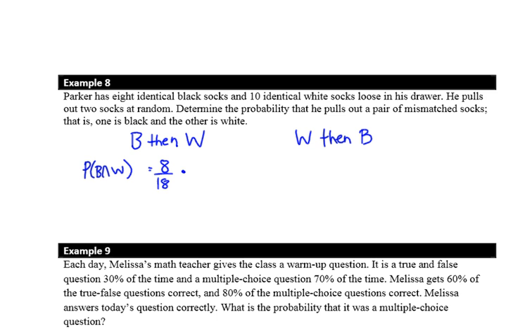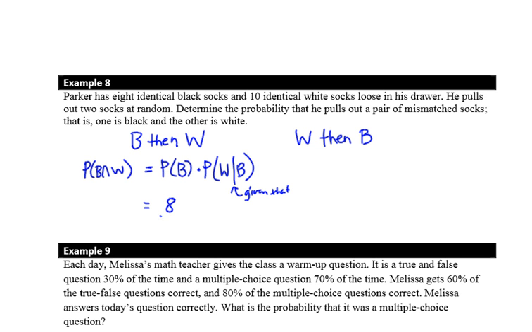So probability of A and B, this is our formula. The probability that we choose black times the probability that we choose white, given that the first was black. Do you remember that? That line means given that B occurred. Okay?